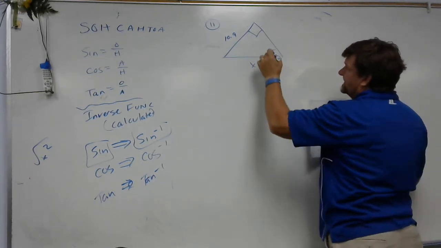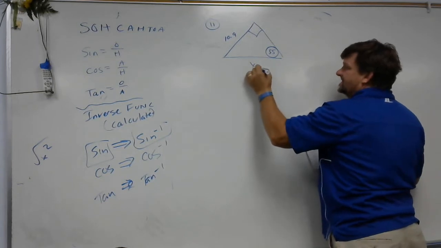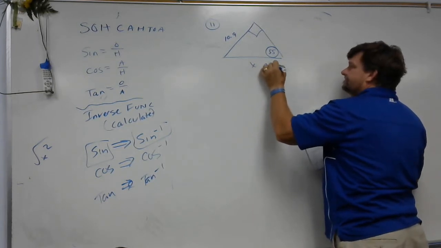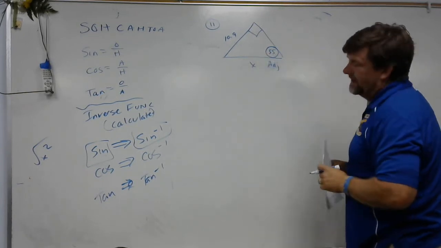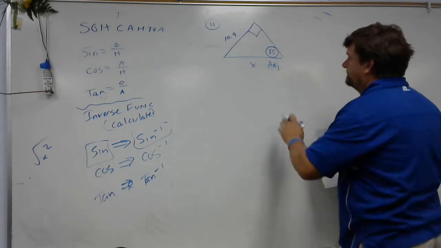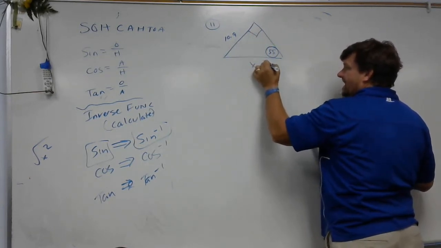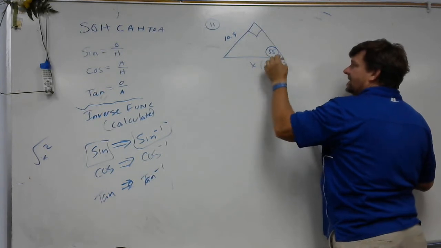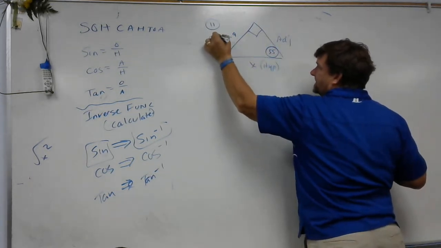Let's label things. Since they give us this one, that means this one here is adjacent. Oh no, it's not. I made the biggest mistake ever. Across from the 90 is always the hypotenuse. This one is the adjacent, and across is the opposite.